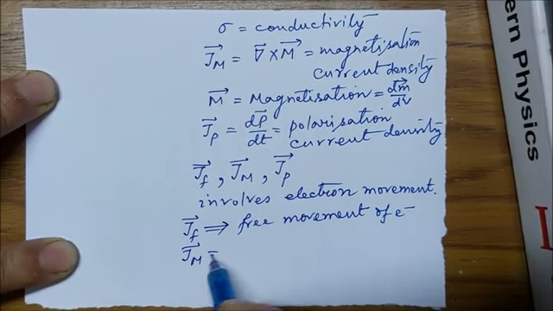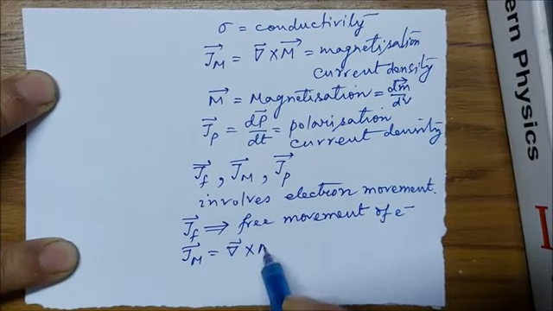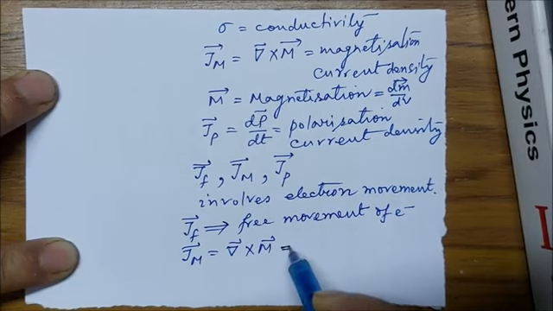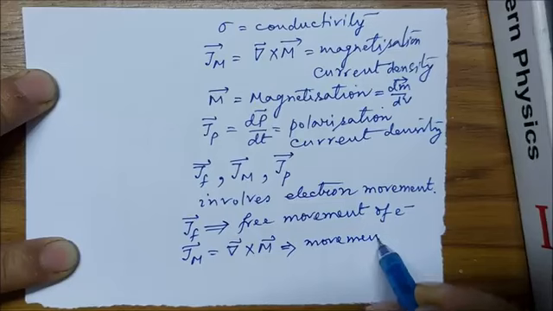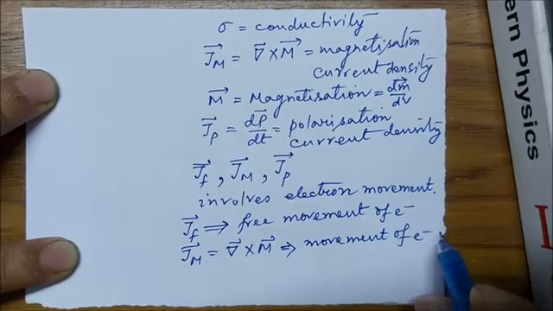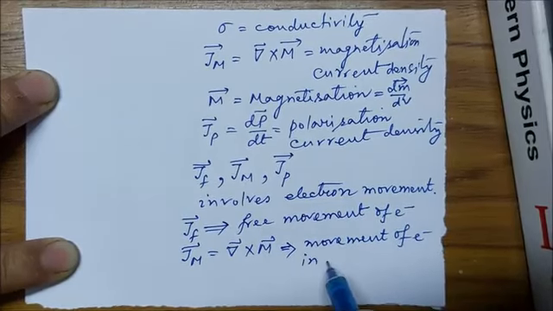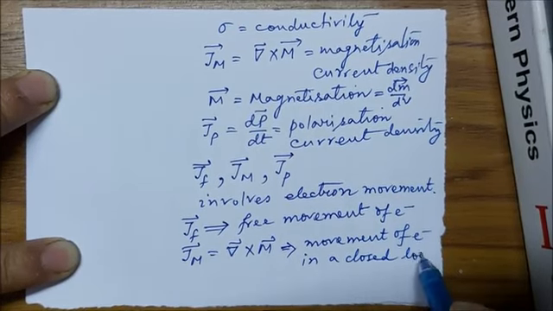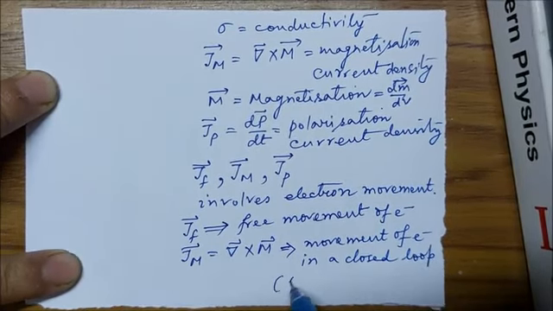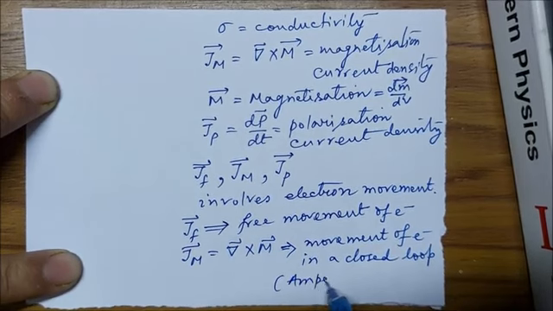Vector Jm, whose expression is curl M, represents movement of electron in a closed loop, also called Amperian loop.